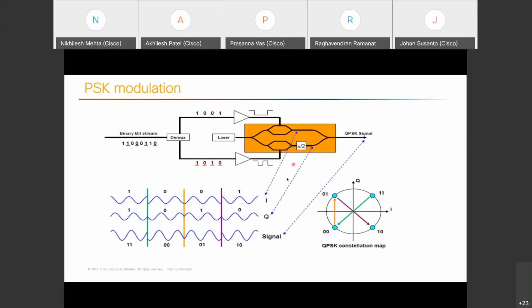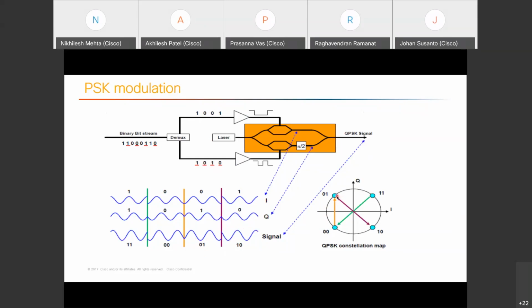The upper leg will be your I component, and the lower leg, which is pi by 2 apart, is your Q component. The original signal which I will transmit is the addition of I and Q. So the I and Q addition, 1 1 will be like this, 0 0 will be like this, 0 1 will be like this, and 1 0 will be like this. The signal which will be transmitted is the addition of I and Q, which is this one.